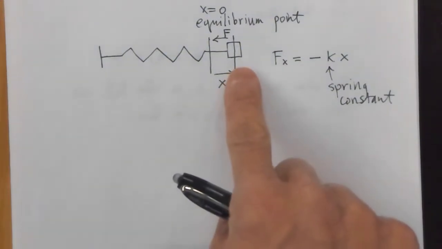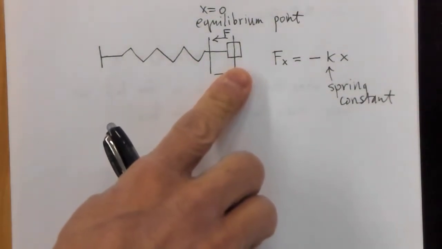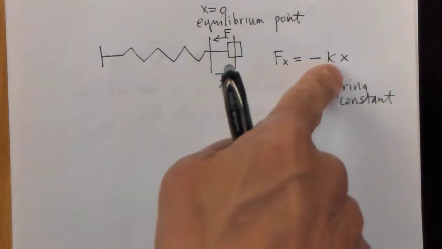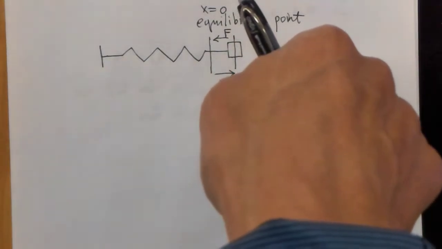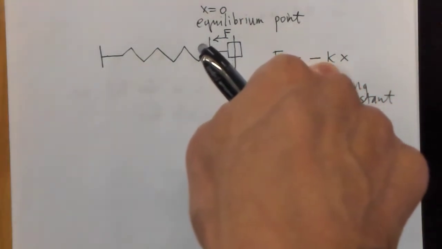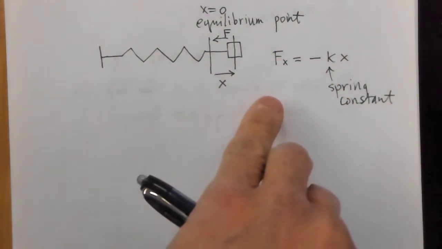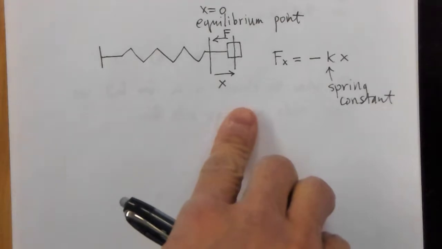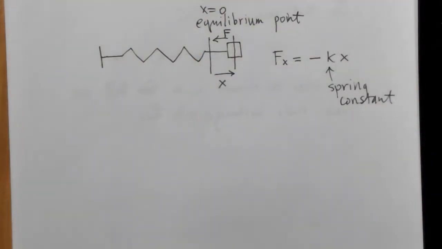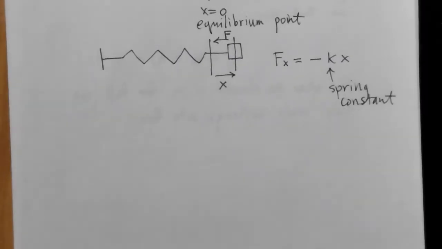You say F net is equal to ma, right? I know the net force will be equal to the mass times the acceleration. And then I would say, okay, the acceleration is the time derivative of the velocity. But then the velocity is the time derivative of the position.